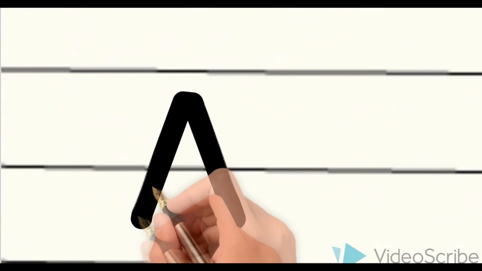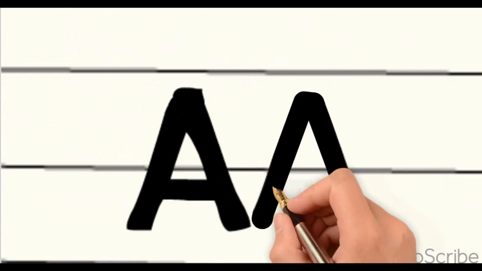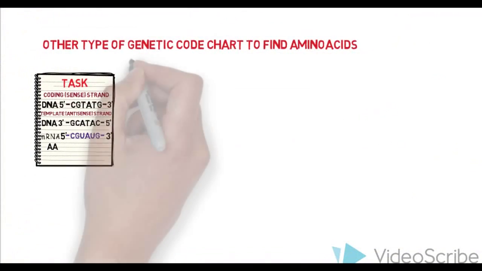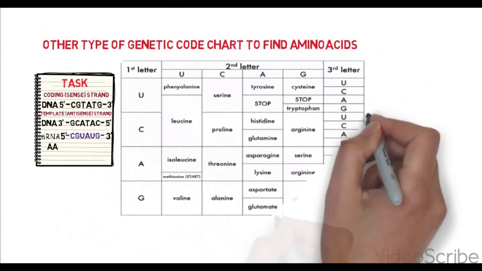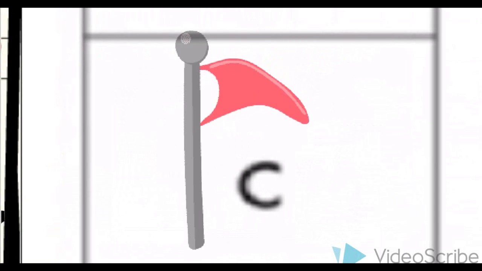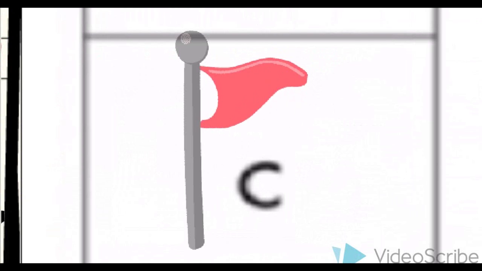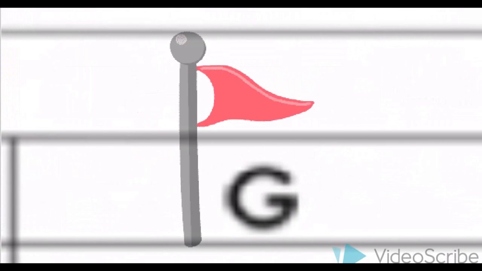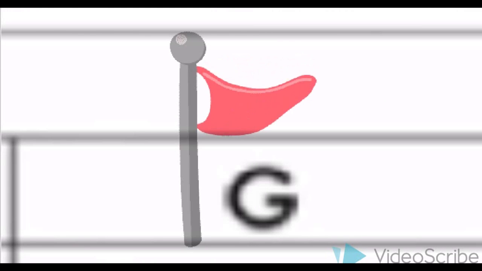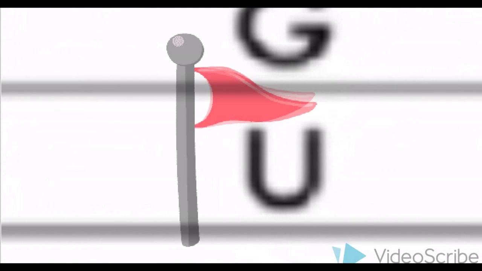We write amino acids with a capital letter A. We start to find our nucleotides from the first letter, second letter, and third letter. The first letter is cytosine. We mark it and find guanine, located in the second letter. And uracil will be located in the third letter. We mark it and join it, and we'll find the type of amino acid.